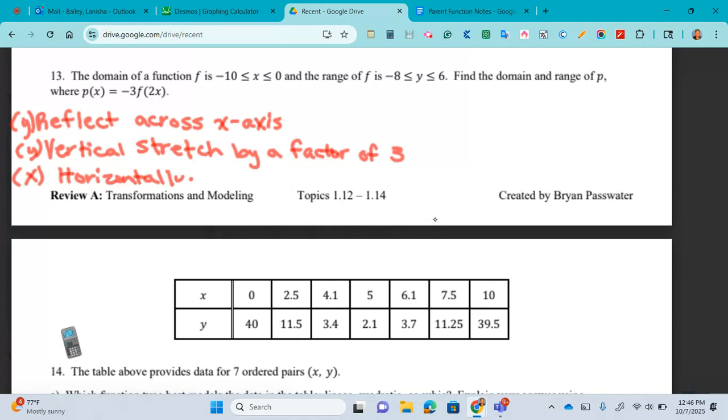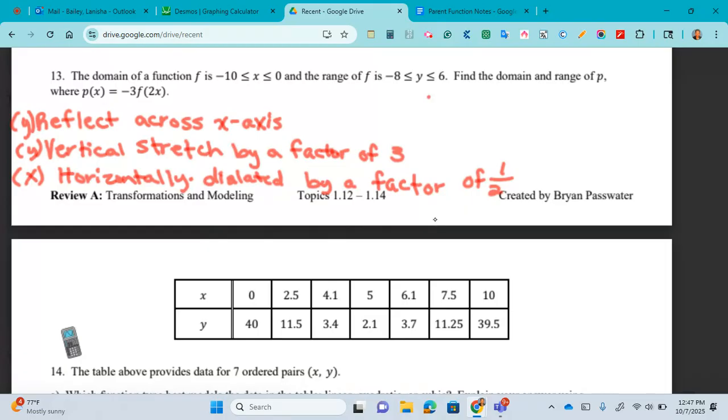Horizontally dilated by a factor of 1/2. Flip it. That affects my x, so all my x values are now divided by 2. And we see what's going on with my y.